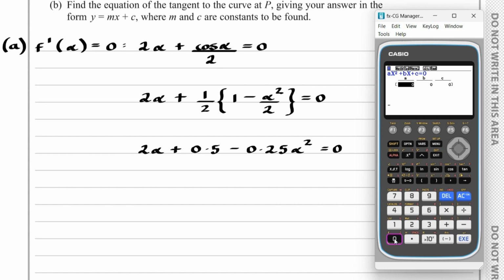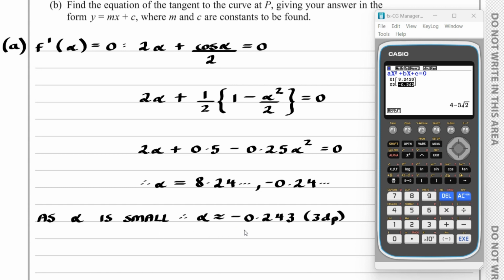We have negative 0.25 alpha squared plus 2 alpha plus 0.5 equals 0, in which case you can see alpha is equal to 8.24, etc. Or we have alpha equals negative 0.24, etc. And because alpha is small, we can therefore conclude that alpha is approximately equal to negative 0.243 given to 3 decimal places.